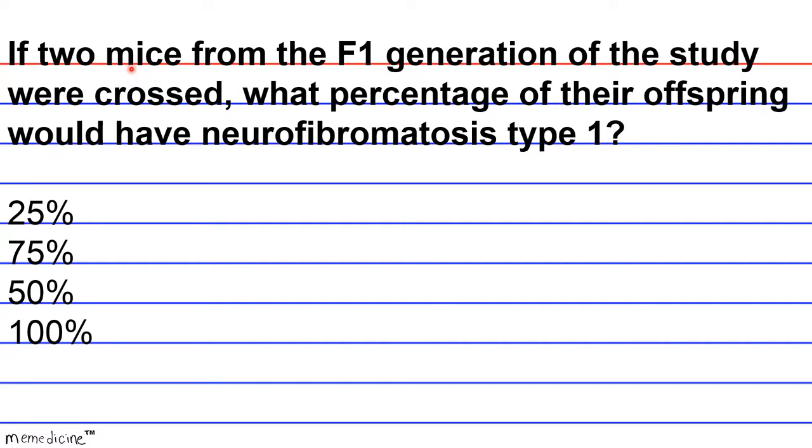Then F2 would be the second filial generation, or the generation resulting from a cross between F1 organisms. That's just a little bit of background. And now that I've overloaded you, I'll give you an additional moment to think about what answer choice you're going to select.